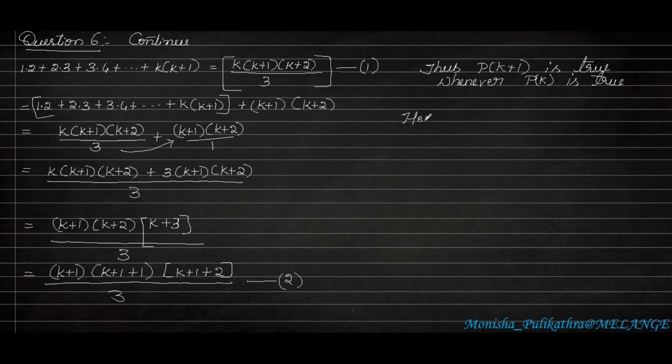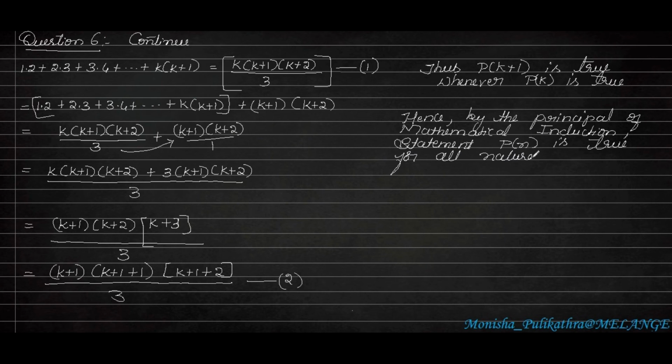Finally, we can write the conclusion, that is, hence, by the principle of mathematical induction, statement P of n is true for all natural numbers, that is capital N. Capital N signifies the natural number. So I hope you understood this.